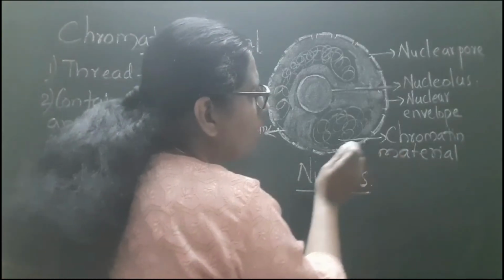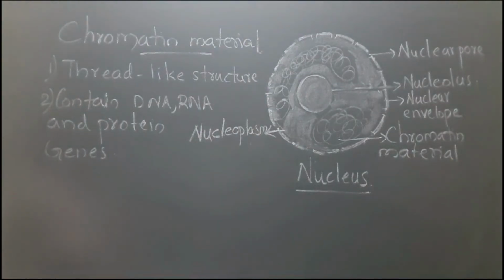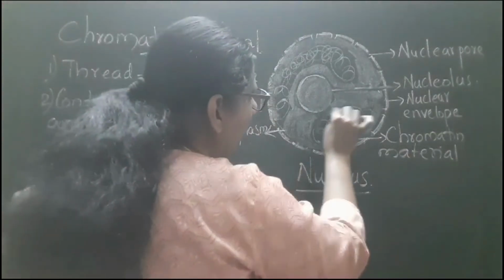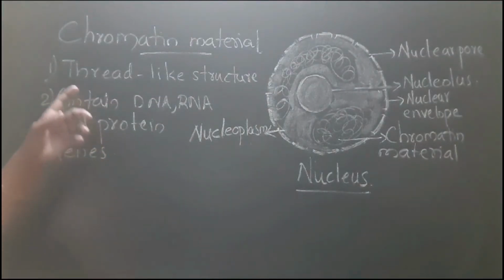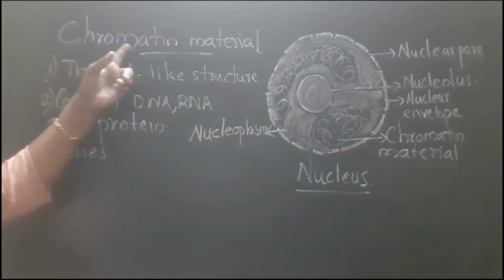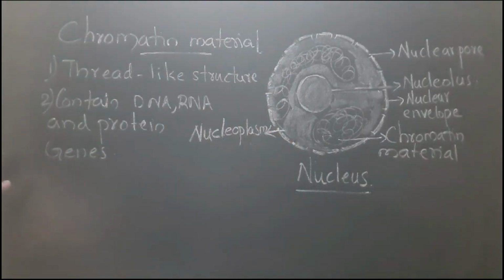Now we are going to learn about chromatin material. This thread-like structure is called chromatin material. It looks like a thread-like structure.